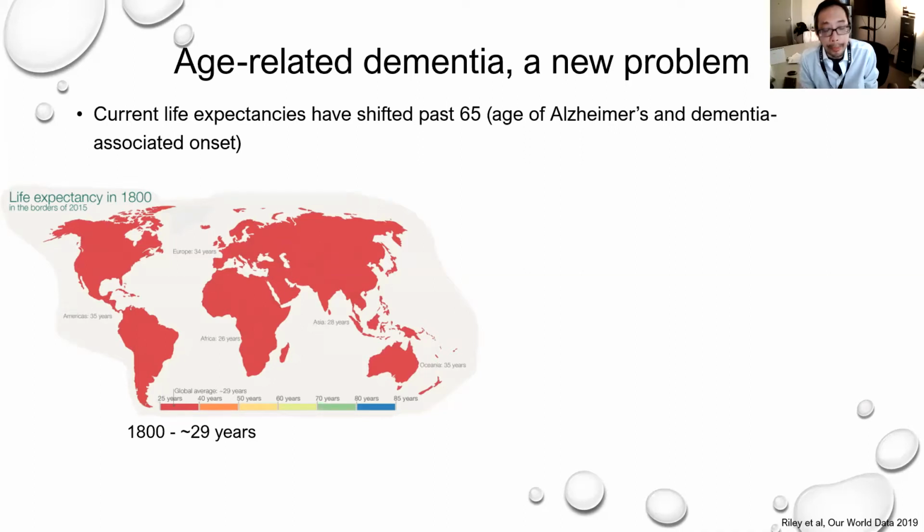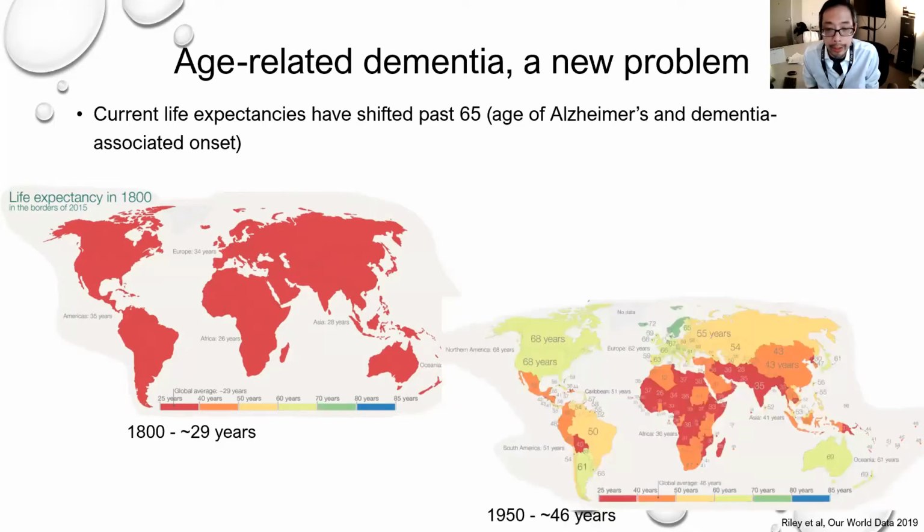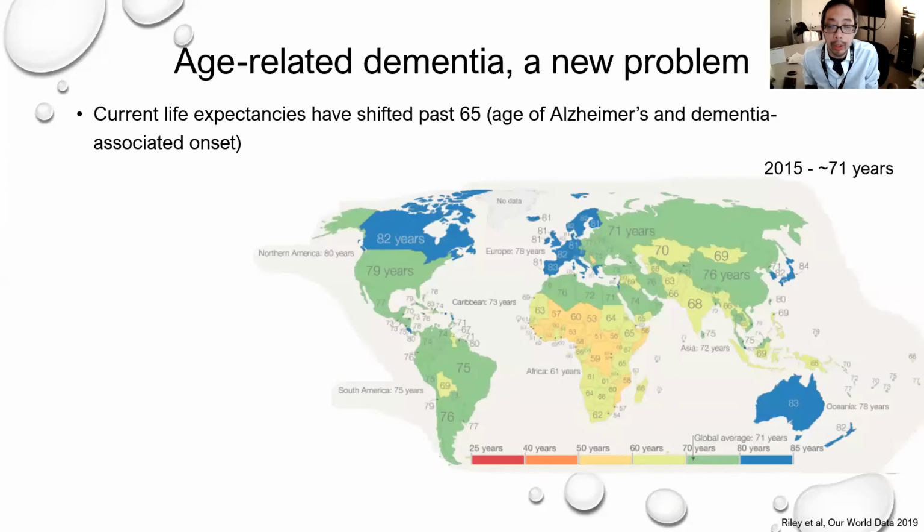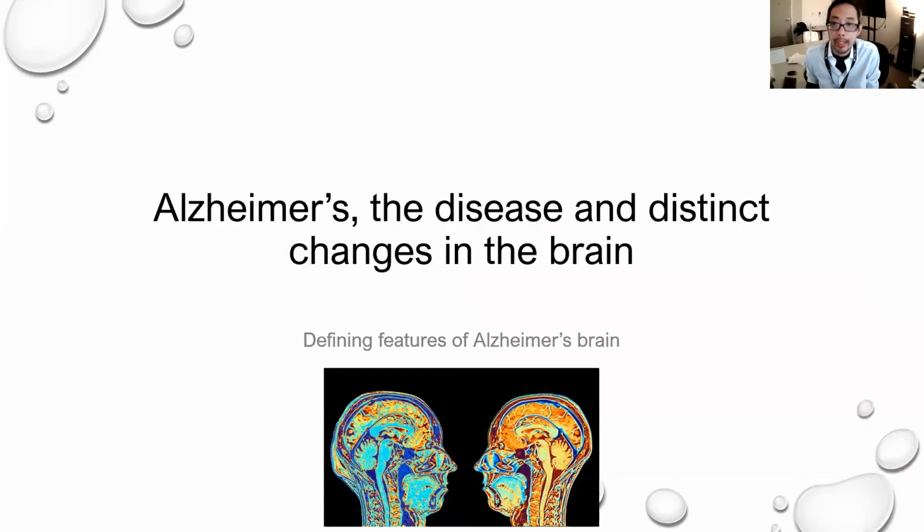So even within the last half century, the life expectancy seems to be about 50 years of age. So now we're seeing an aging population where people are expected to live past 70. So this is kind of alarming to us, because the age of onset for the sporadic form of Alzheimer's is past age 65. So here we are. So Alzheimer's is going to be a huge impending problem.